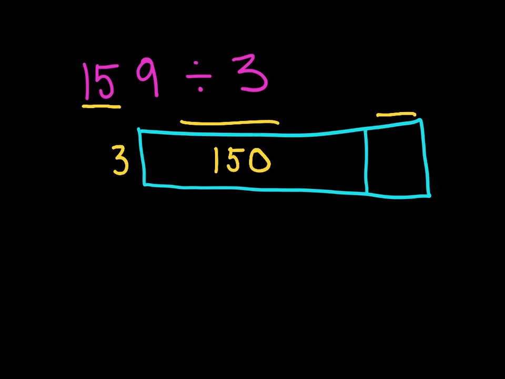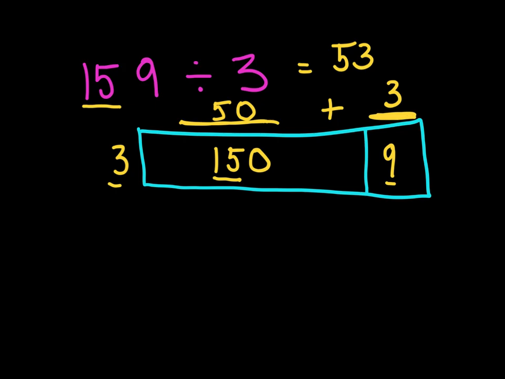And when we subtract 150 from 159, we're left with 9. So now we have to say, 3 times what gives me 150? Well, 3 goes into 15 5 times, and bring your 0. 3 times what gives us 9? 3. There's our two quotients. 50 plus 3 gives us 53.